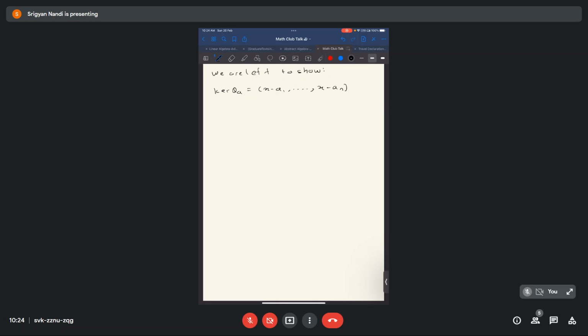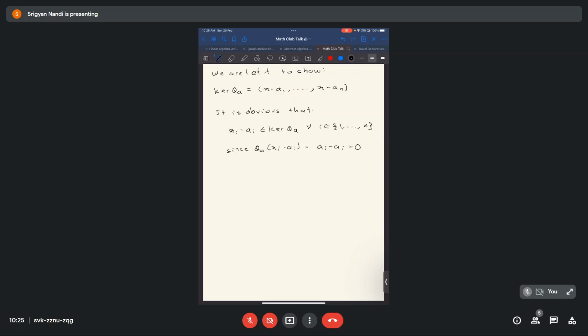It is obvious that xi minus ai belongs to the kernel of theta A for all i from 1 to n, since theta A of xi minus ai evaluates xi minus ai at the vector A, and that gives ai minus ai, which is equal to 0.